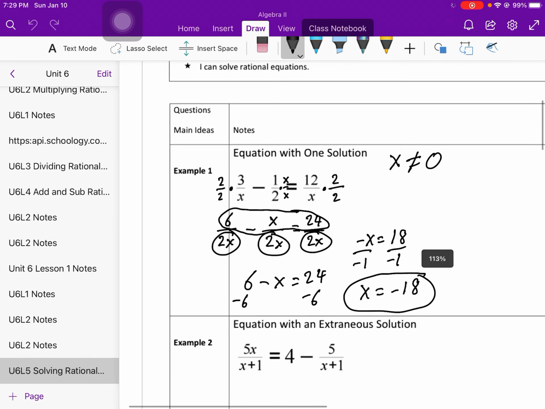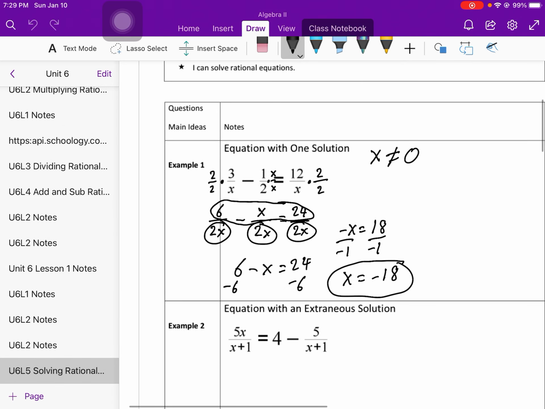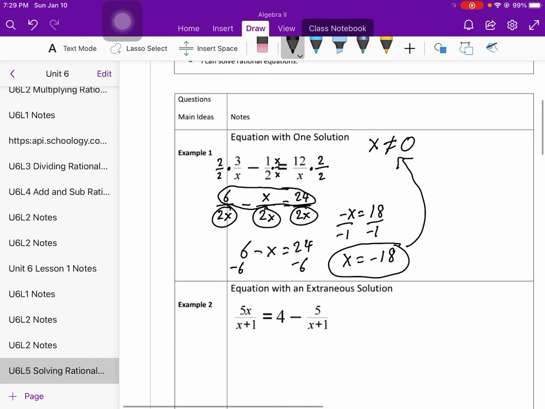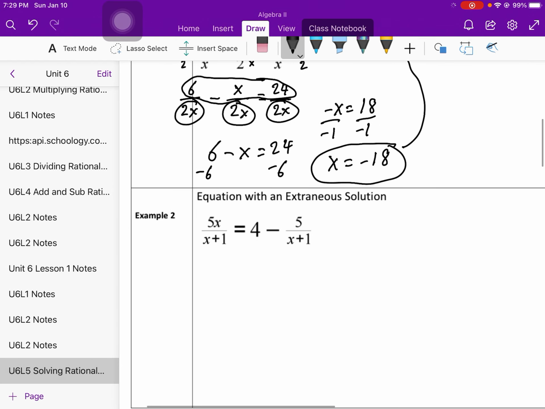I'm not going to do that for this problem just for the sake of time. But remember, the goal is to get the common denominator, and then you can get rid of the denominator because the tops would have to be equal. Just make sure that you account for your restriction. We're not always going to have a restriction, but a lot of the time we will when we're solving. All right, let's keep going.